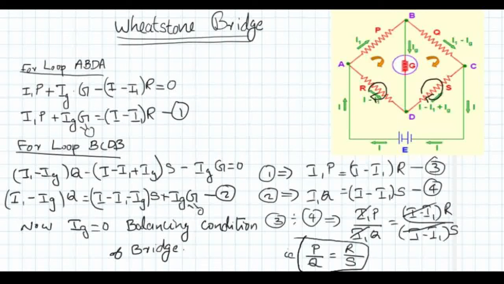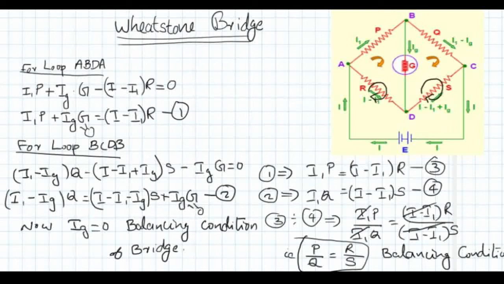So when current Ig is made 0, we will get the condition P by Q is equal to R by S. In other words, the galvanometer current is made 0 only if this condition P by Q is equal to R by S is attained. So once we attain the condition P by Q equal to R by S, the current through the galvanometer will be 0.